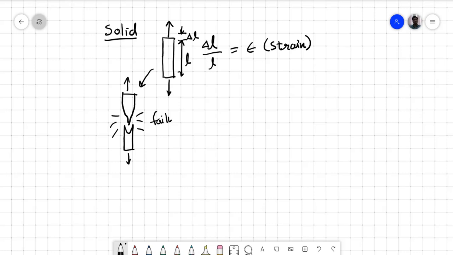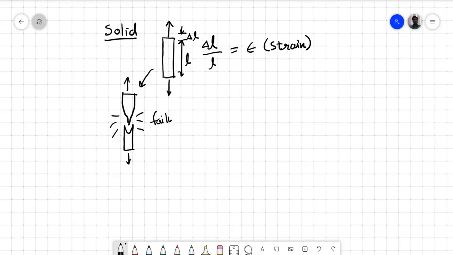Now let us talk about stresses a bit more. What is a stress? Generally, we denote normal stress by sigma, and shear stress by tau. So as we said, stress is force per unit area. So let's say this is a surface and there is a force F acting on it, and let's say the surface area is A for this surface. In 2 dimensions, this is the length. Then it is force per unit area.